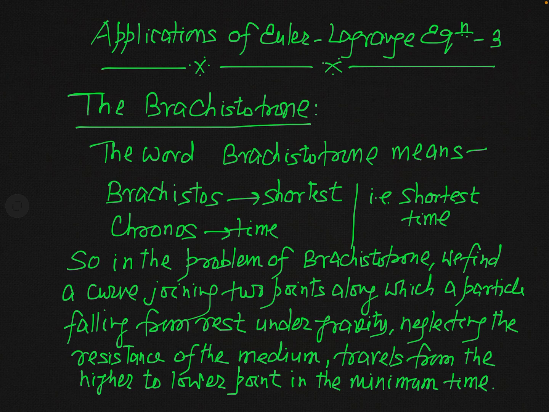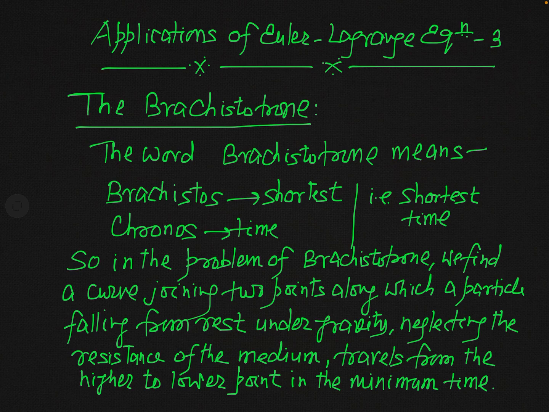The word Brachistochrone is a French word made up of two words. Brachistos means shortest and chronos means time. So this word means shortest time.